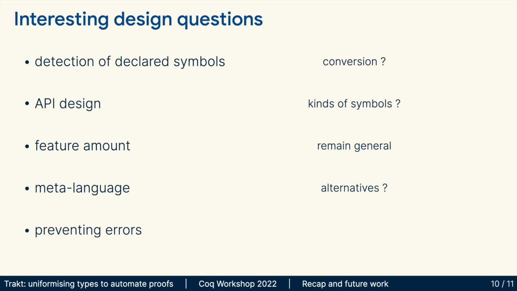For preventing errors, we need to provide some user guidance. So in our commands, we have interesting checks to make sure the database is not filled with bad declarations. But for the tactic, error messages are a hard problem. I will come back to it later.